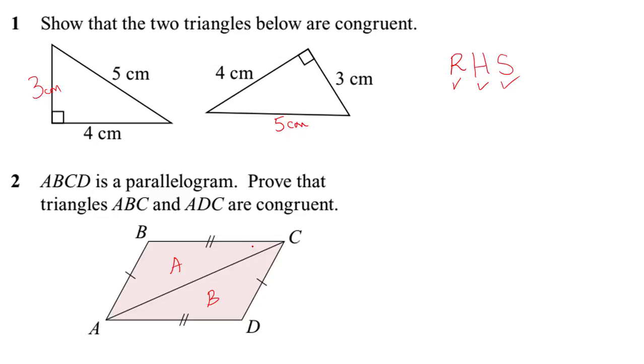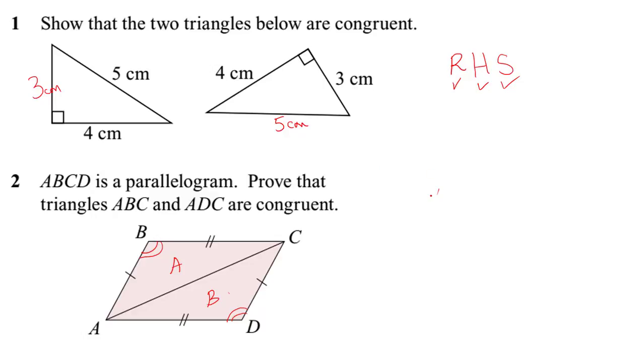Now, remember the first thing you need to think about is to look at the corresponding sides and see whether they're equal or not. Look at angles and see whether they're equal or not. So the first thing I can see is that when it comes to a parallelogram, the angles that are opposite to each other, so that angle there and that angle there, will always be equal in a parallelogram. So angle B is equal to angle D. We don't just say angle B, we say angle ABC.